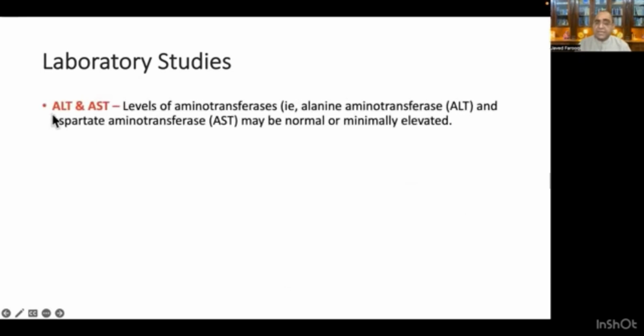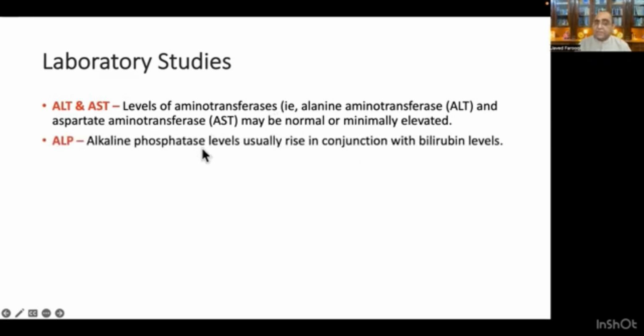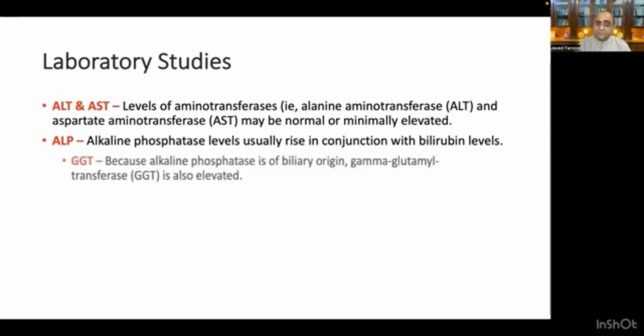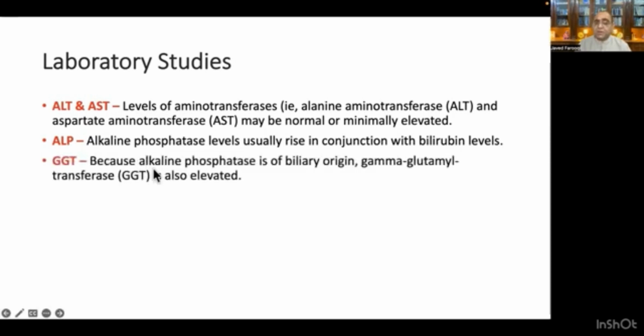Coming to the ALT and AST, levels of ALT and AST may be normal or minimally elevated. Alkaline phosphatase levels usually rise in conjunction with the bilirubin levels. Higher the bilirubin levels, higher are the alkaline phosphatase levels. Because alkaline phosphatase is of biliary origin, the GGT is also elevated.